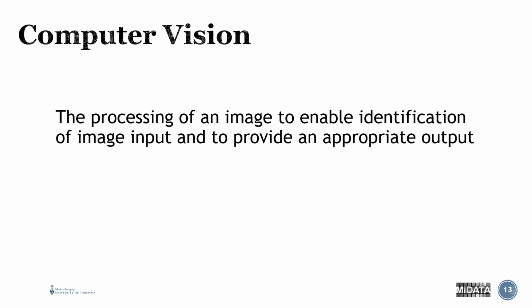So computer vision is the processing of an image to enable identification of image input and to provide an appropriate output. And so, just as I said before, being able to identify patterns in the input of an image to provide the output, which would be classification, is becoming very, very important in the world of AI and medical imaging.